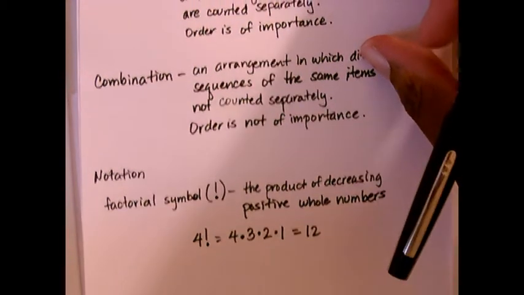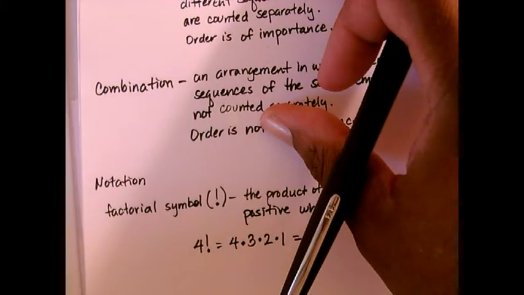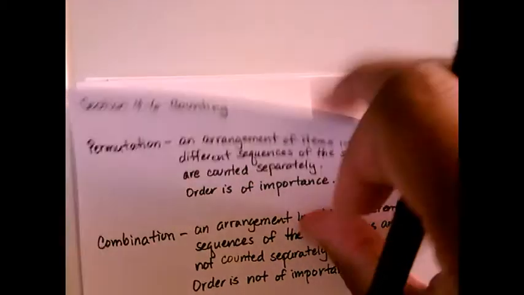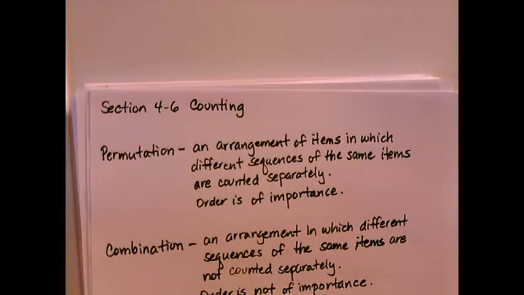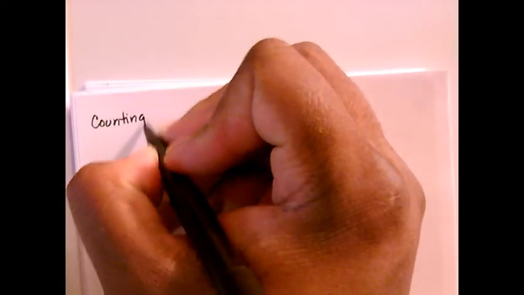Okay. Now let's go ahead and look at the 5 counting rules that are discussed in this particular section. And then we'll look at examples of each of these. Okay, so here we have 5 counting rules.